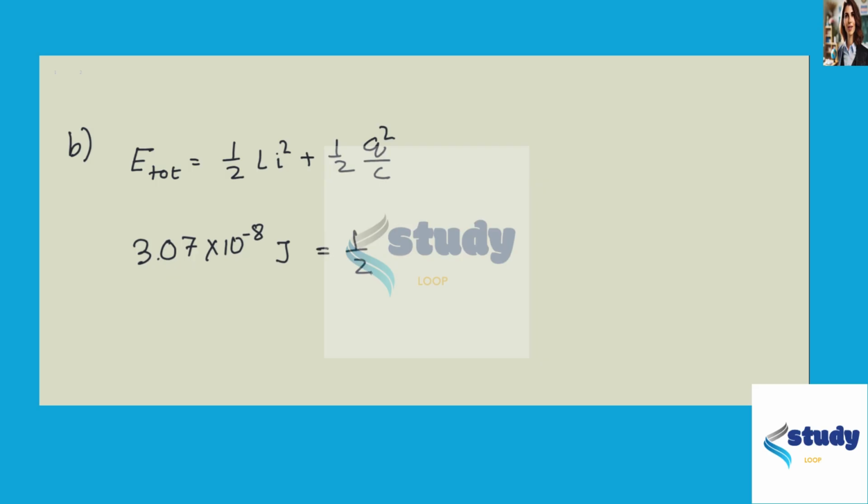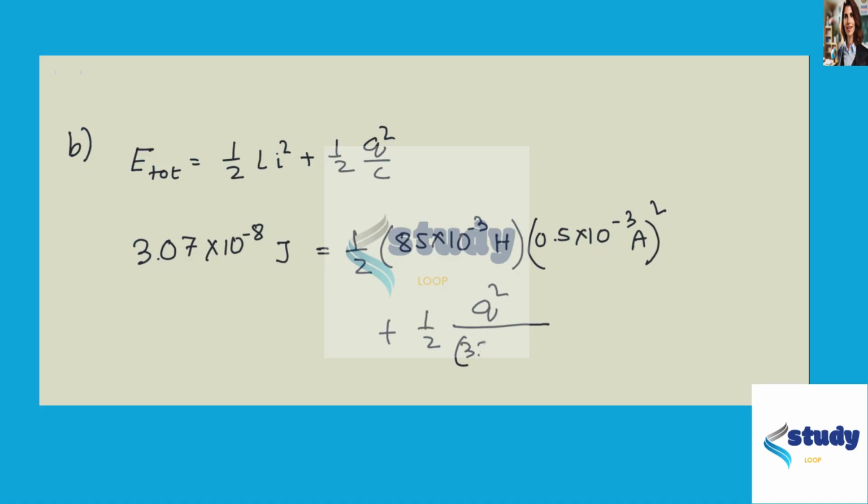which is equal to half of 85 times 10 to the power negative 3 Henry times the current, which is given as 0.5 times 10 to the power negative 3 ampere squared, plus half of Q squared, and we divide that by the capacitor, which is 3.2 times 10 to the power negative 6 coulomb.